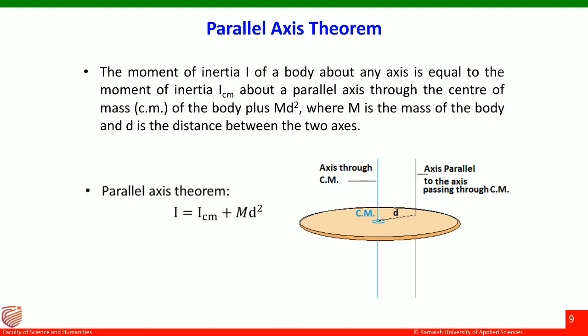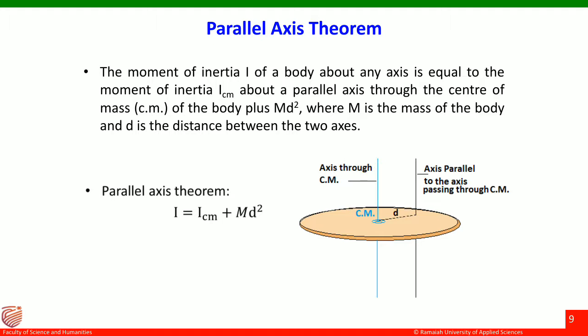Then that can be written as I. Therefore, if I know the moment of inertia of a given planar body about the axis passing through the center of mass, I can always calculate the moment of inertia about another axis parallel to it. It can be written as I equals ICM plus the product of the total mass m and the square of the distance between these two axes.